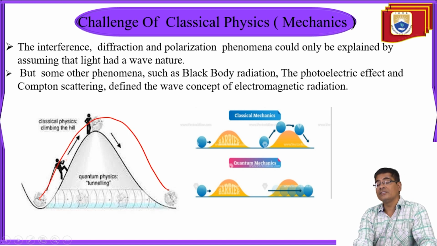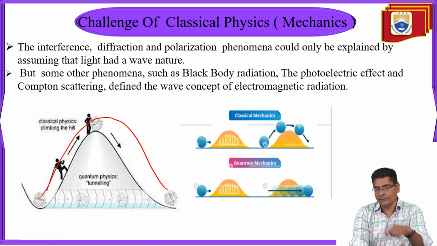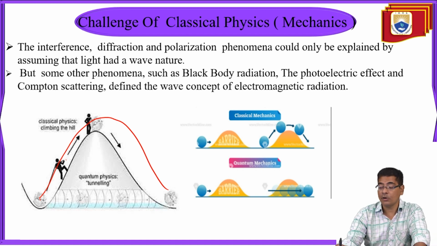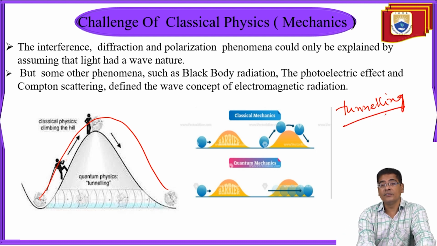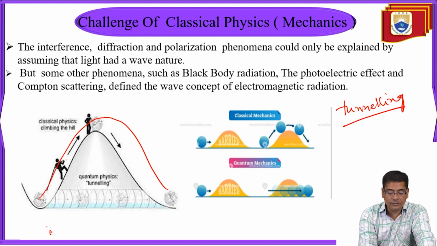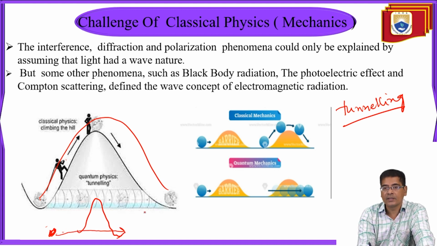But quantum physics has the phenomenon of tunneling, right? Quantum physics has the property of tunneling. Tunneling means this particular rock can be tunneled. This acts as a barrier for the rock. For the rock to cross this barrier, it has to tunnel through, so that the particle reaches here.